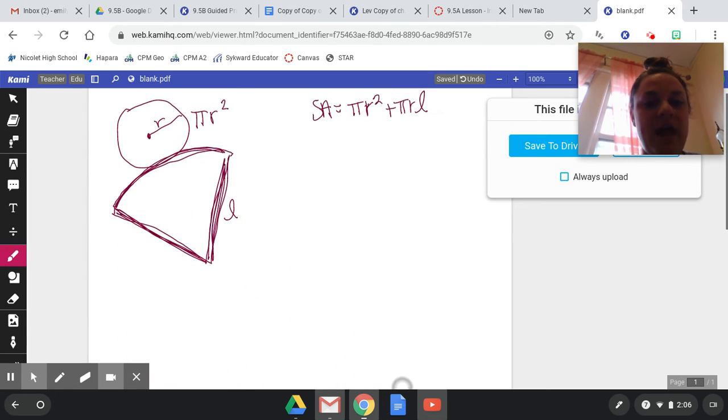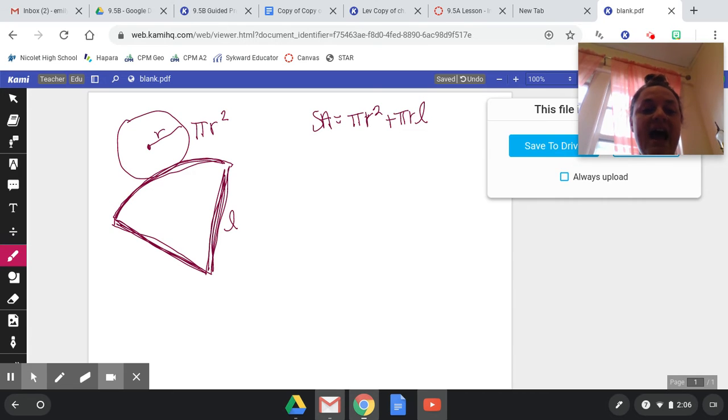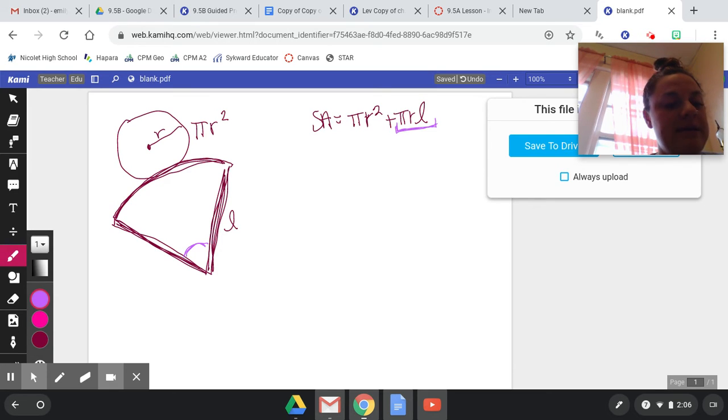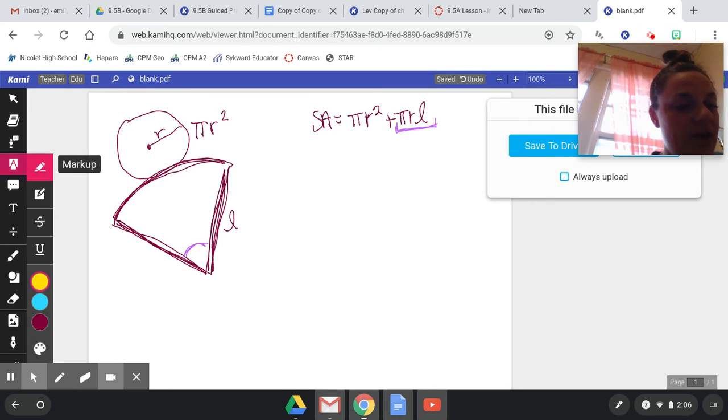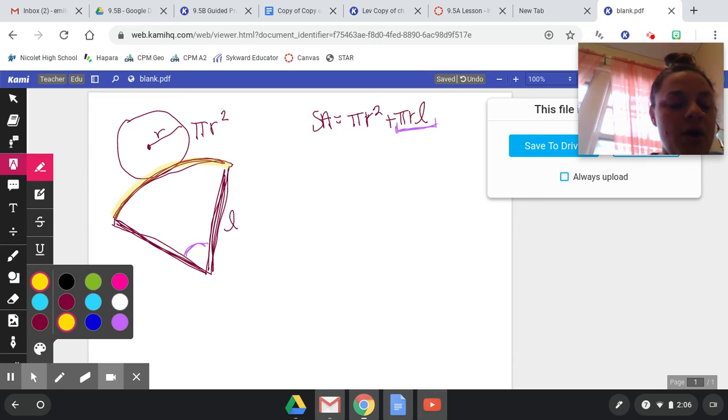The problem that we have here is we don't have actually what that central angle is. So how do we figure out this pi r l from what we're given here? Well, instead of using 30 over 360 to find the portion, you use the ratio of circumferences. The length of this arc over here would actually be the same as the circumference of the smaller circle.